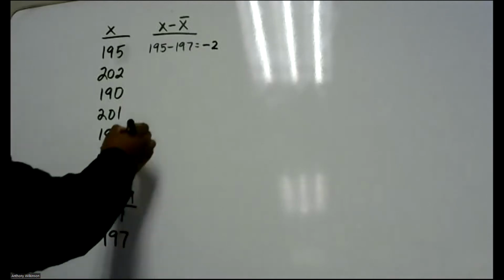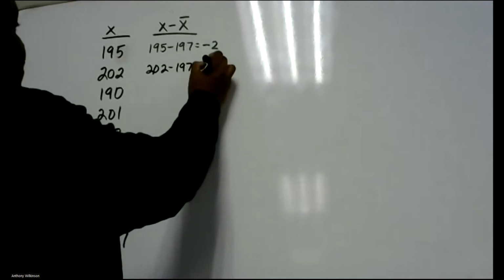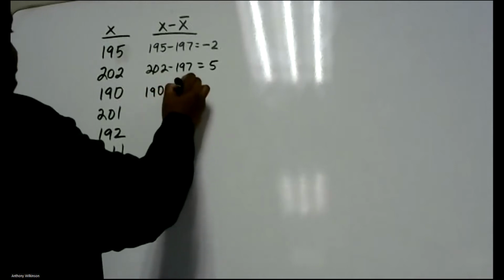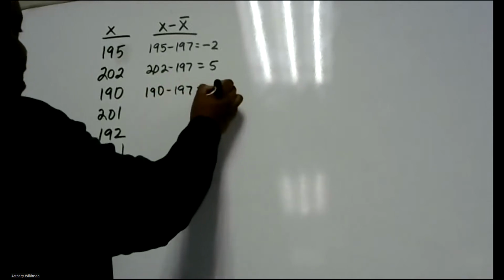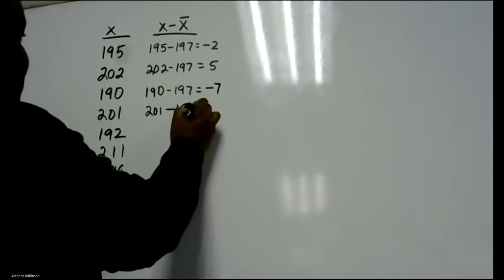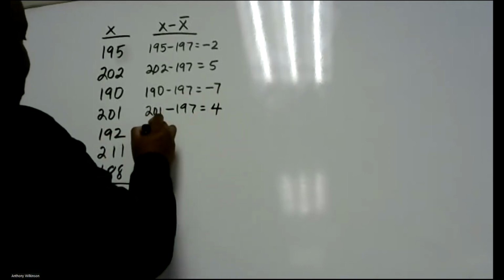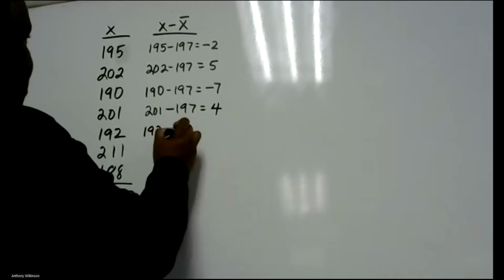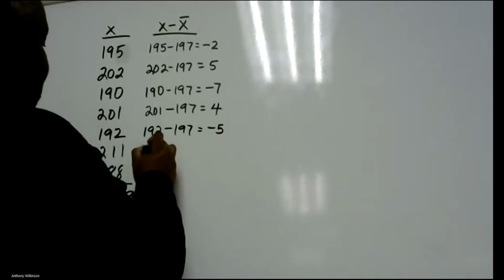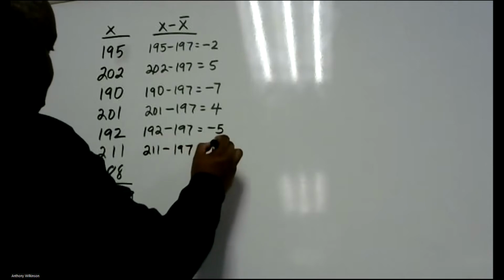Then 202 minus 197 is 5. 190 minus 197 is -7. 201 minus 197 is 4. 192 minus 197 is -5. 211 minus 197 is 14.